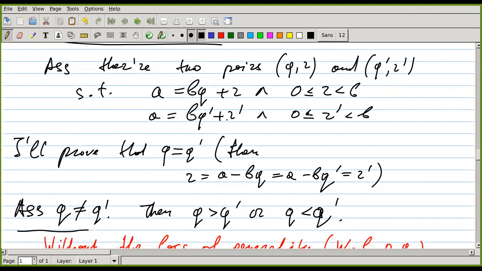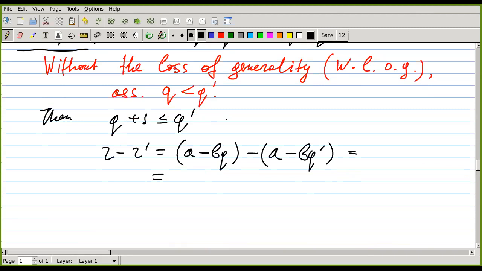And then we have that it is just BQ prime minus BQ, or B multiplied by Q prime minus Q. You know, Q prime minus Q is greater or equal than 1.